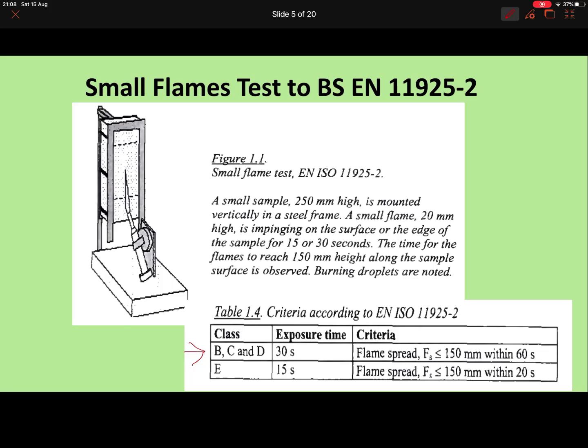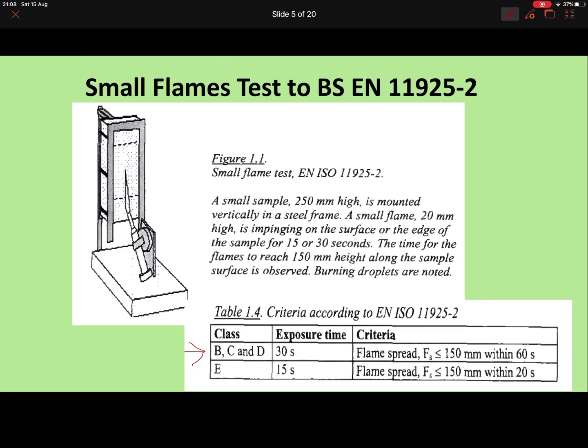Now, it also has facility to test the sample from the bottom and from the sides. If the bottom and the sides of the product are exposed as a result of the general use of the product, then the product must be tested on the edge as well.